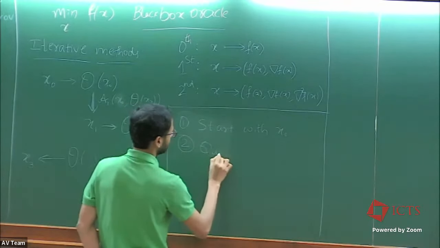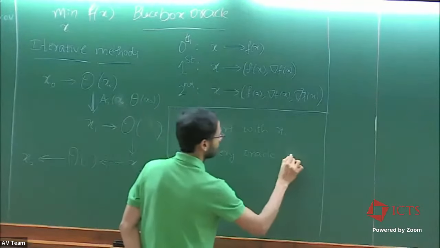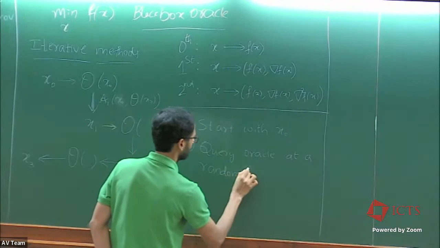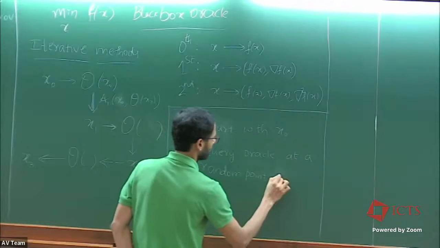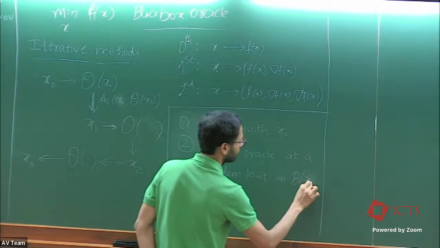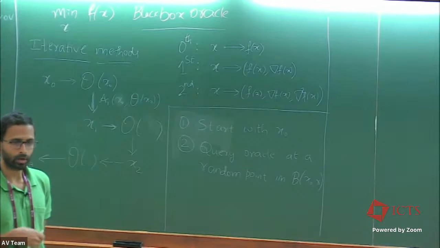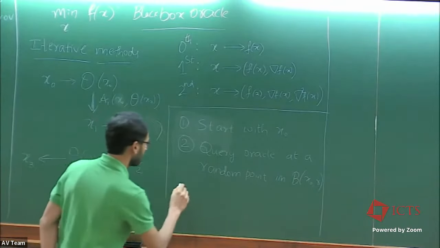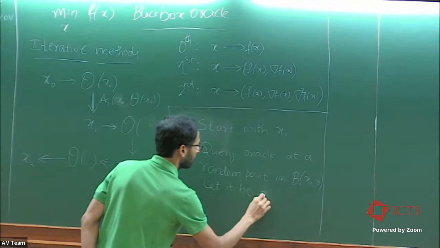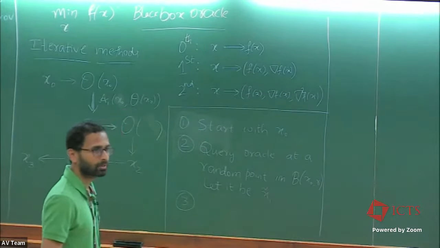Query the oracle at a random point in a ball around x0 with some radius. So around x0 we have a ball, and then query randomly one point, and let it be x1 twiddle. R is a prefixed constant here.